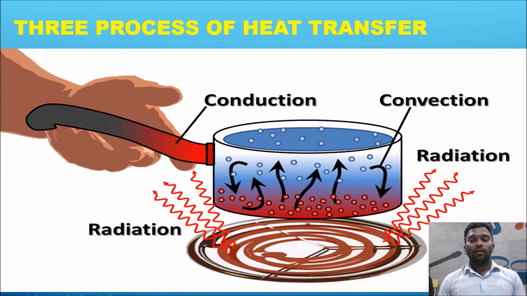And once it reaches the vessel, first of all, that is a solid object. In the solid object, conduction takes place. After that, the water is in contact with the vessel. Water is a fluid, right? So in the fluid, the molecules are trying to escape from the bottom.